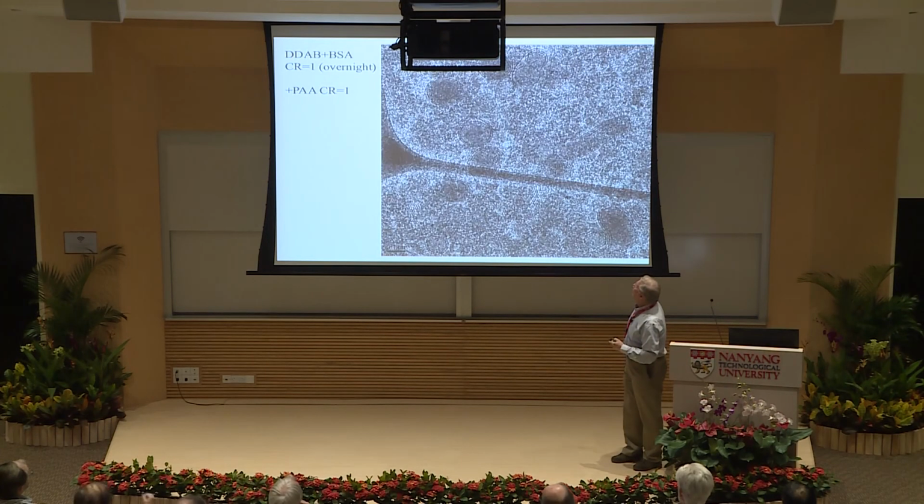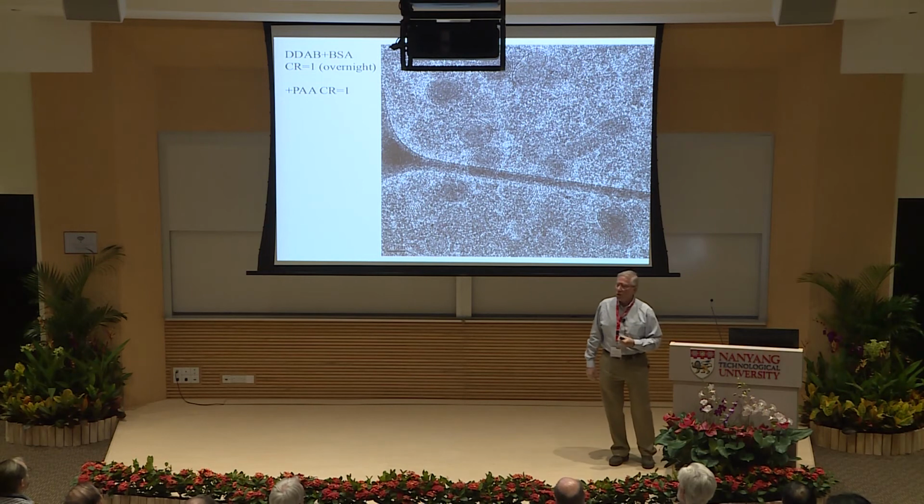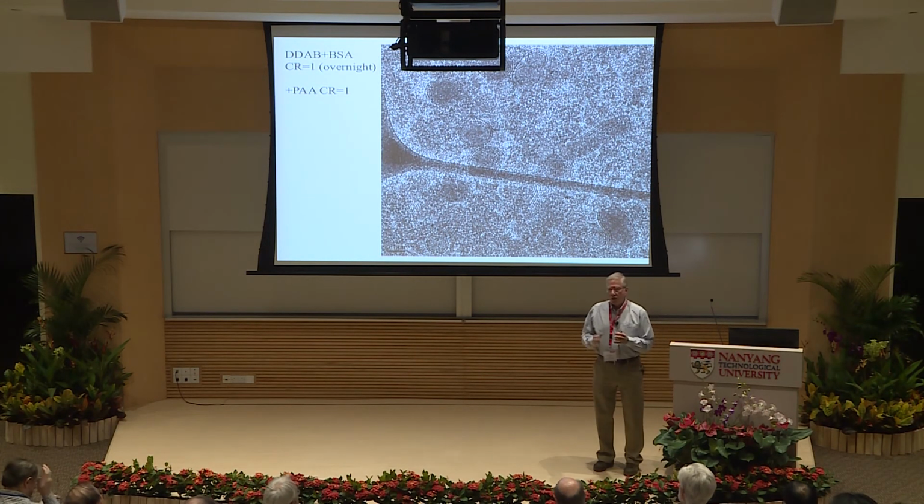And the same thing goes when you have DDAB plus BSA and you add polyacrylic acid: you get some kind of destruction, not so much because PAA is not as strongly binding as the BSA, but apparently, and this is work that we are still doing, the competing species really lead to the destruction of our complexes, and this is something that people will have to think about when they engineer their complexes.